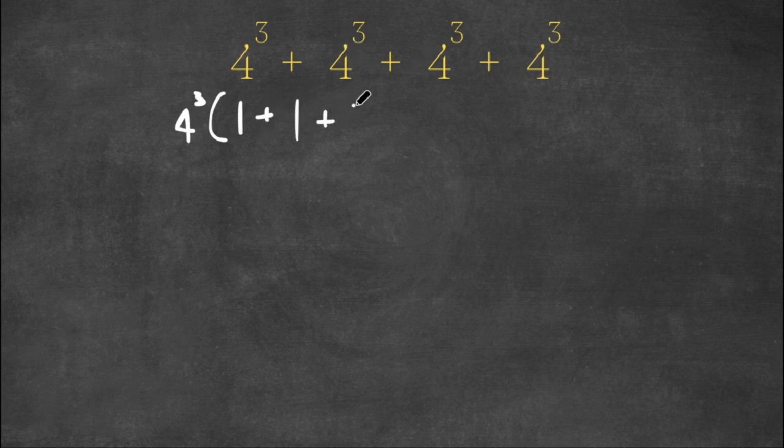Same thing here, 1 plus 1. So now we have 4 to the power of 3 times 1 plus 1 plus 1 plus 1. Now let's simplify what's in the parentheses. What's 1 plus 1 plus 1 plus 1? 4. So now we have 4 to the power of 3 times 4.